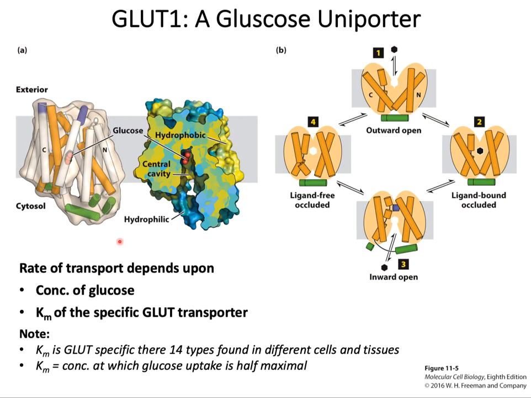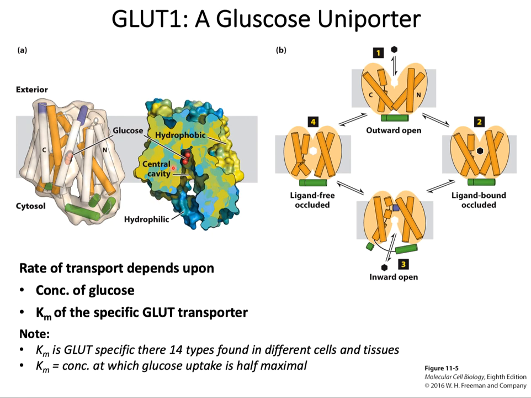Here on the left is a structural model of the human GLUT1 uniporter protein in an inward open conformation towards the cytosolic face. You can appreciate from the previous part that this protein has 12 transmembrane alpha helical segments organized into amino terminal and carboxy terminal domains, each of which consists of a set of 6 transmembrane alpha helices.